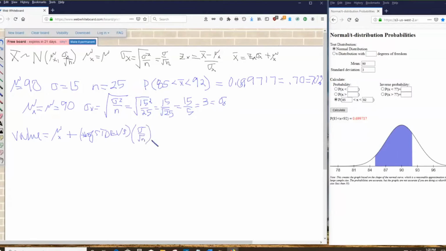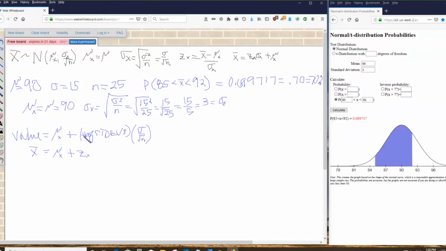So that's the formula that they're going to give you. But if you remember, this is just the same as what we put up here, finding your x value using your z-score. So this is the mean of the sample, plus your z-score of the sample.